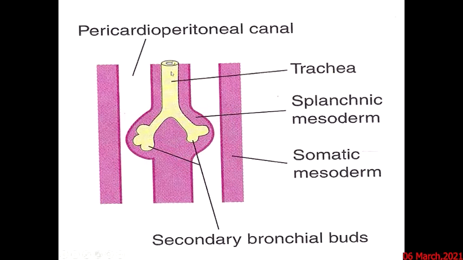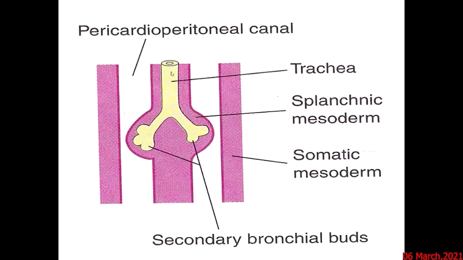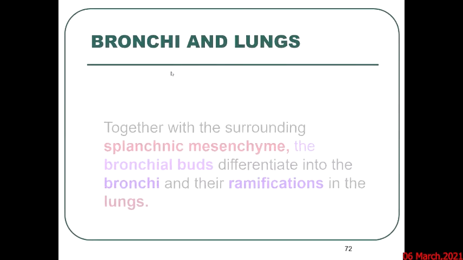This is the trachea, above it is the larynx, so the laryngotracheal tube, and here the two primary bronchial diverticula had formed, and they grow within the pericardium. Here is one pericardio-peritoneal canal, here another pericardio-peritoneal canal, and outside is the somatic mesoderm. So look where these lung buds are growing: the pericardio-peritoneal canal, which is nothing but the pleural cavities.